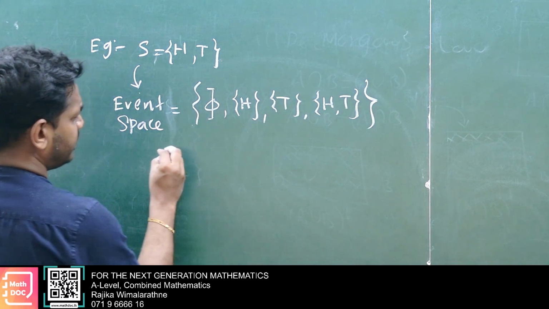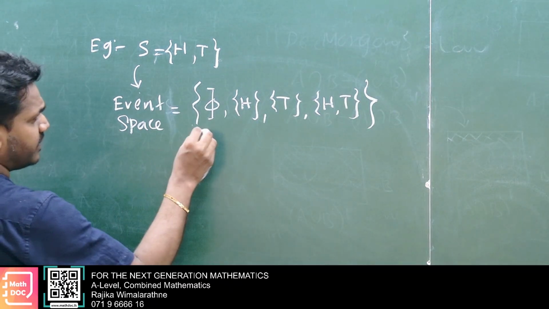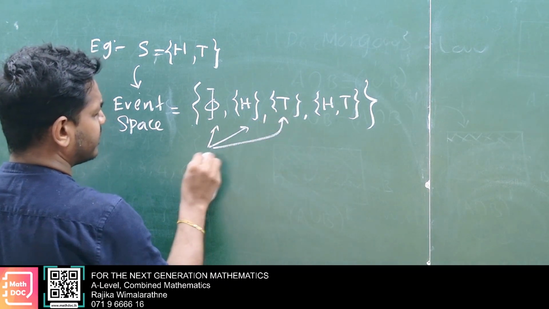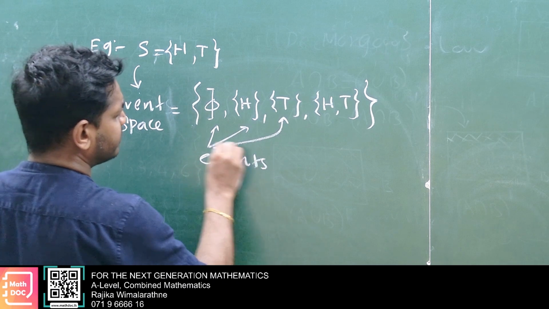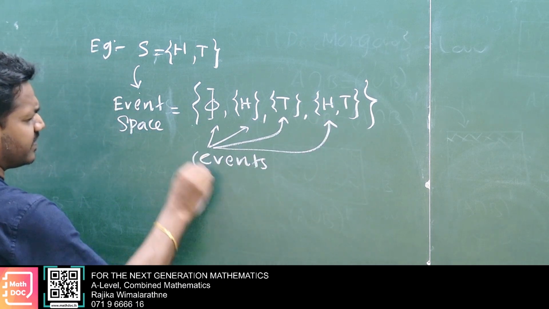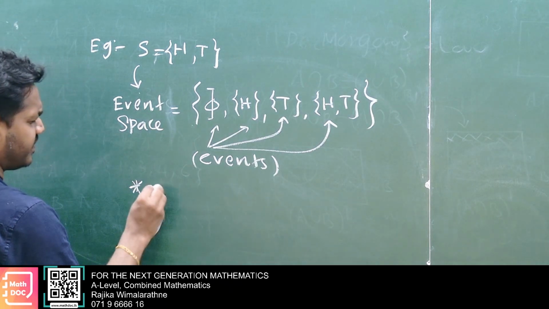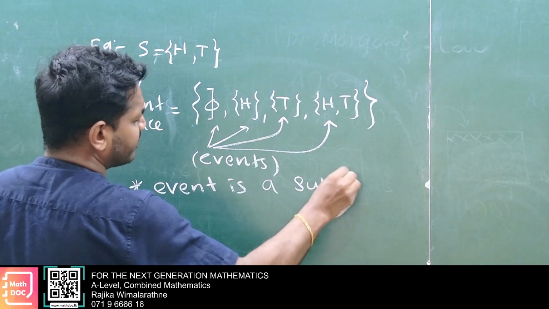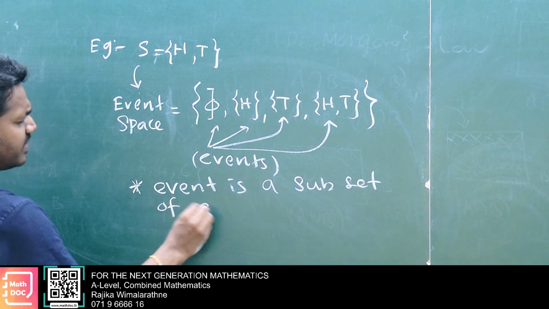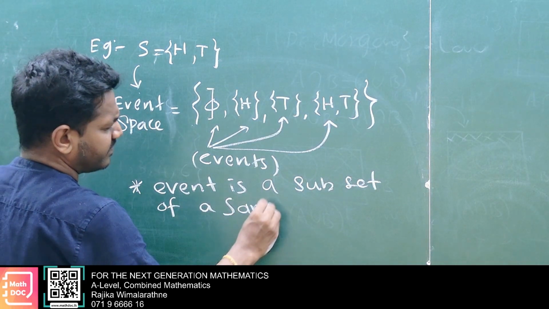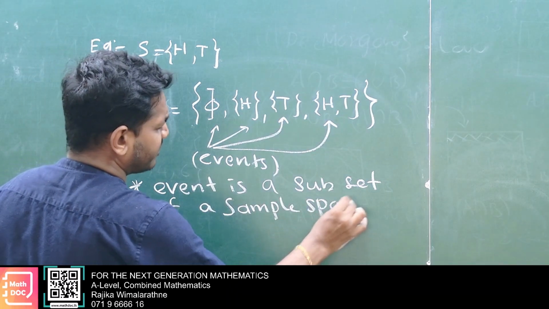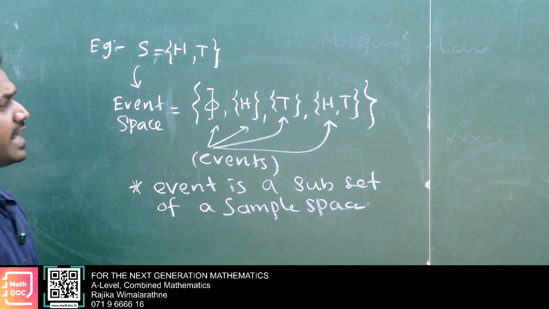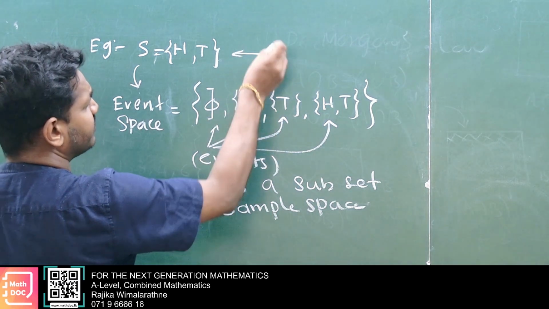Then here these are events. An event is a subset of a sample space. Better write that one as well. Here this is the random experiment, tossing a coin.